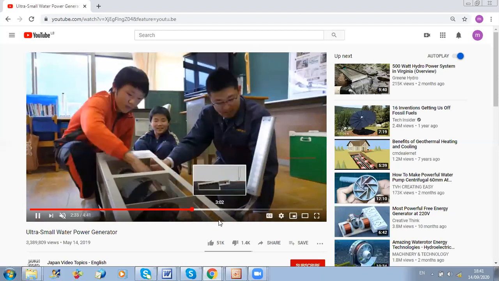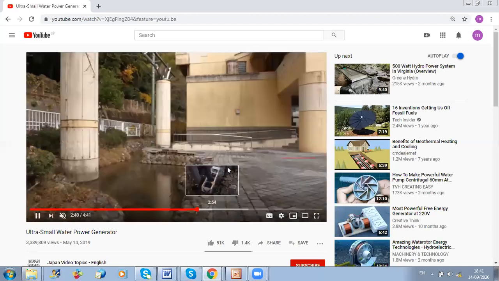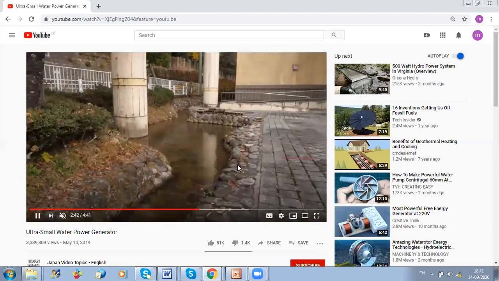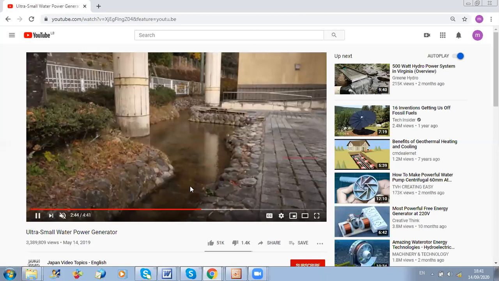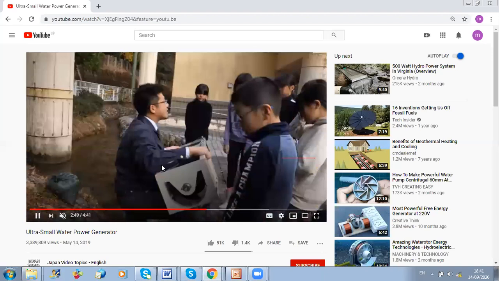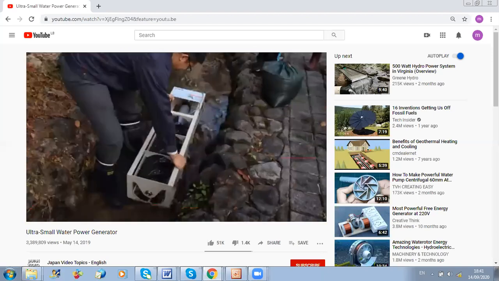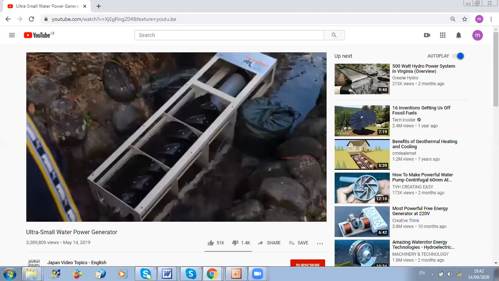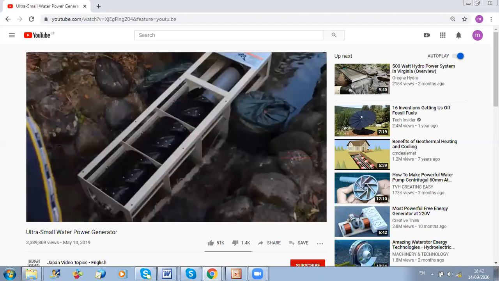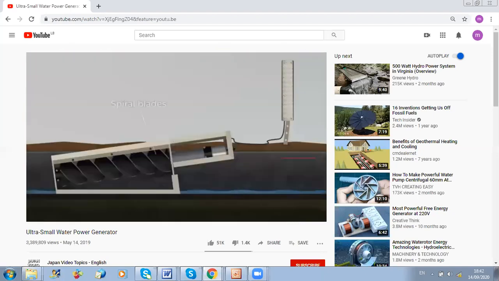As you can see here, they are doing this manually, but when you put it in water, you will automatically have the change of kinetic energy of water into rotation of this device. And then inside you have a built-in generator, because the rotation of the axis will be transmitted to a generator, and the generator will lead to production of electricity. So you can use the small device to light lamps on the streets. And here you have the scheme of how it's functioning.